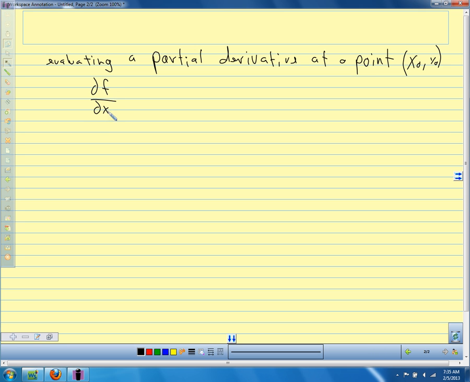For example, if we're evaluating the partial with respect to x, we could say this is f sub x at x0, y0.